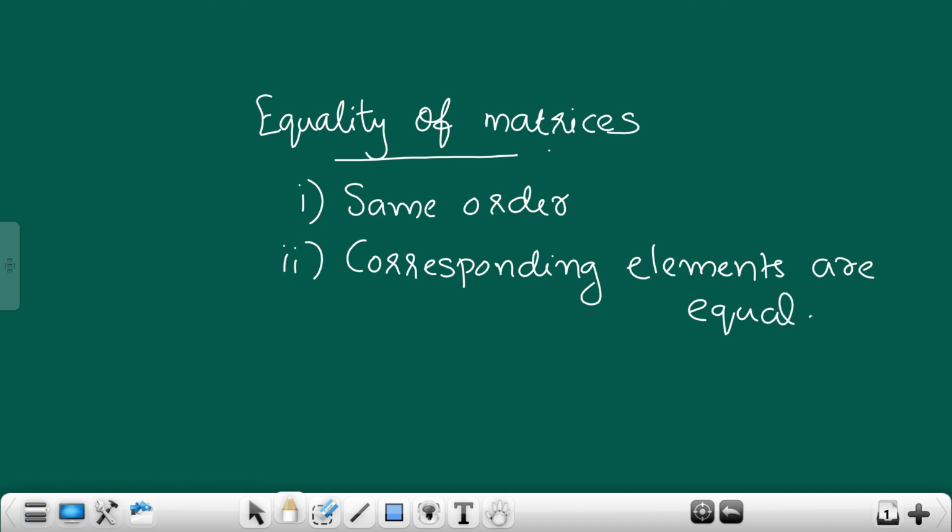Two matrices satisfying these two conditions, then we can say that the two matrices are equal.